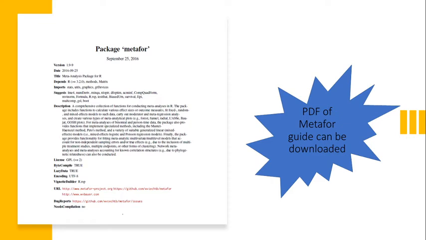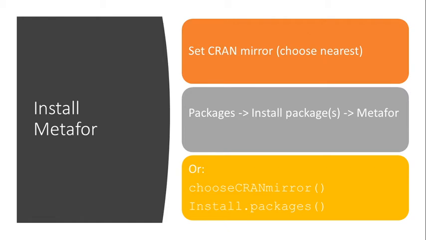Cool. Okay. So when you install a package in R, it will ask you to set a CRAN mirror. Do you all know what this is? If you don't, it is basically where R finds the package from, and you should choose the one that's geographically nearest, I think.